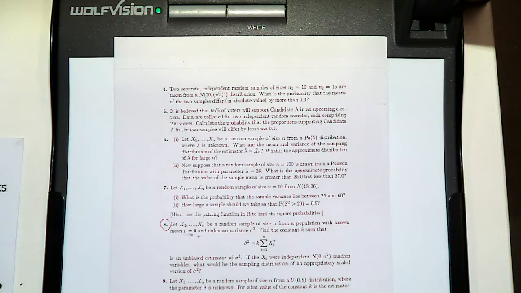Go to 9. Just come in, can you do question 8, please? Question 8.